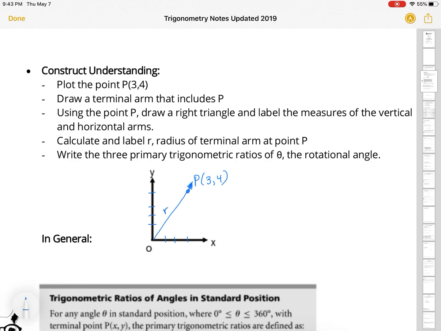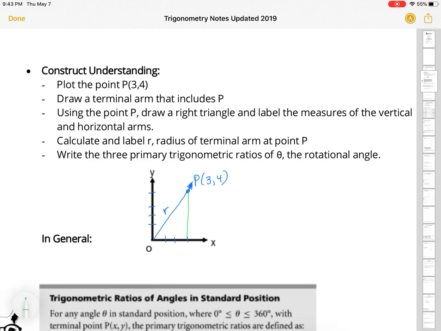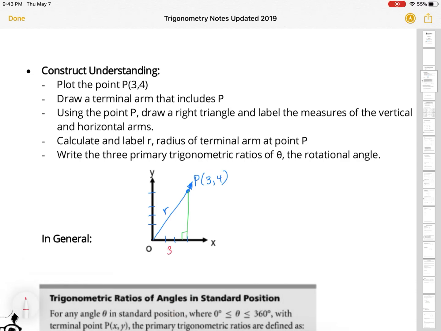You would use a nice ruler to draw that line. The length is r. And if we were to make this into a right angle triangle, we would see that this is 3, which is the x value of the point, and this is 4. This in here would be our theta.